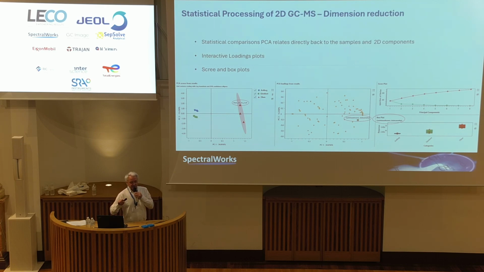What we have is the ability to actually interact with these PCA plots. Click on a sample, and it'll tell you which sample it is. Click on the loadings plot, and it will tell you which component it is. It also links through to the MS data so that you can look at the spectrum itself.